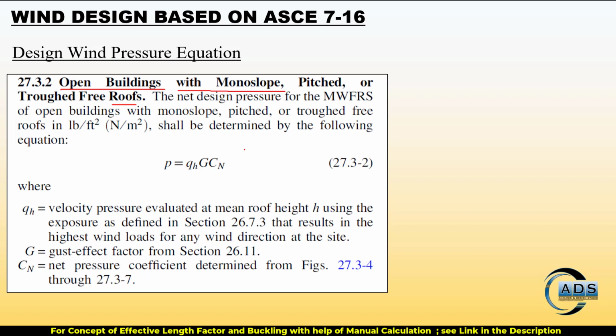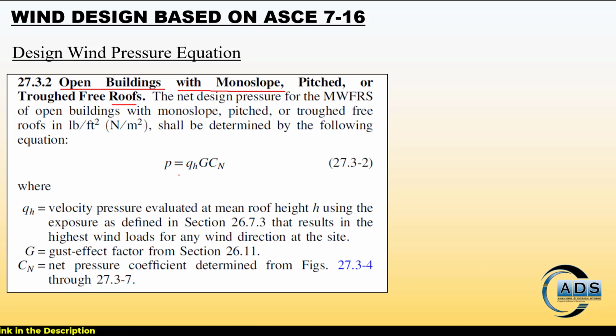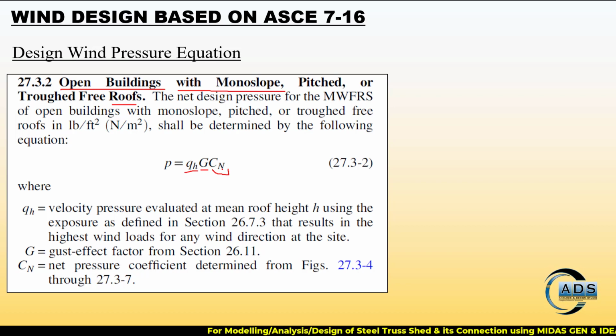So the net design pressure for main wind force resisting system of an open building with monoslope, pitched or trough free roofs shall be determined by the following equation. P is equals to QH times G CN. QH is the velocity pressure, G is the gust effect factor, and CN, C subscript N, is the net pressure coefficient determined from figure this.